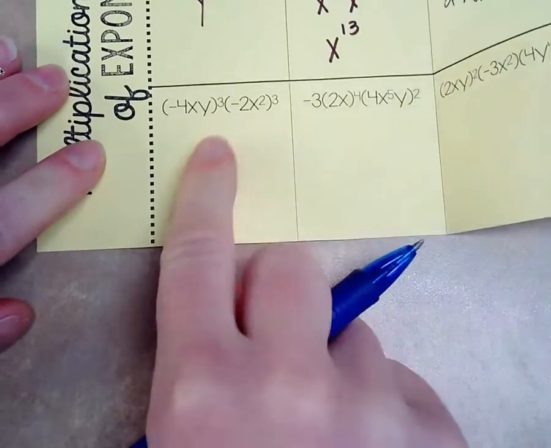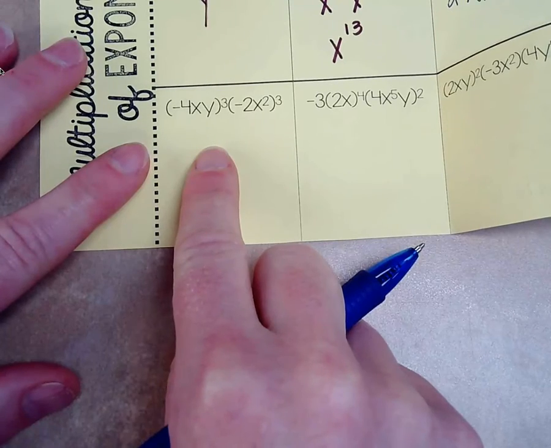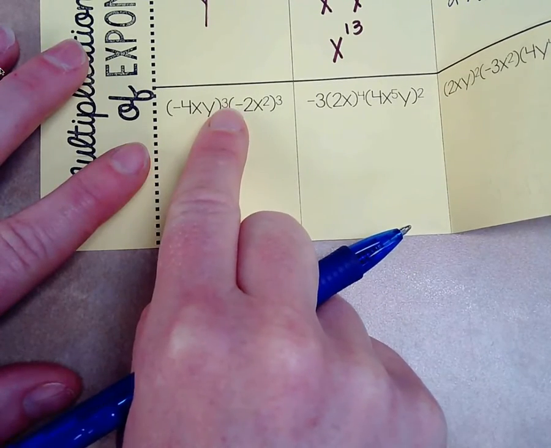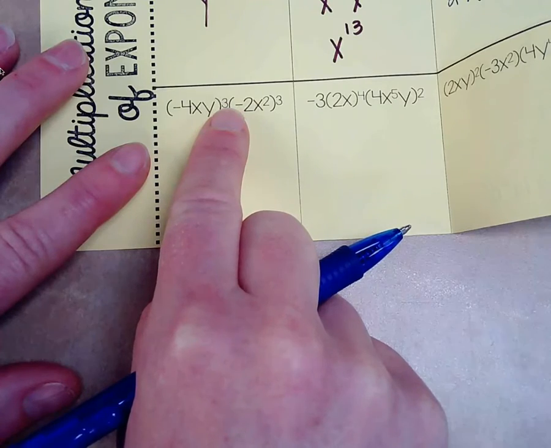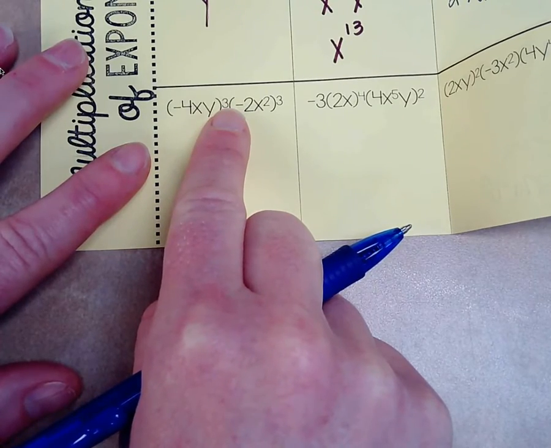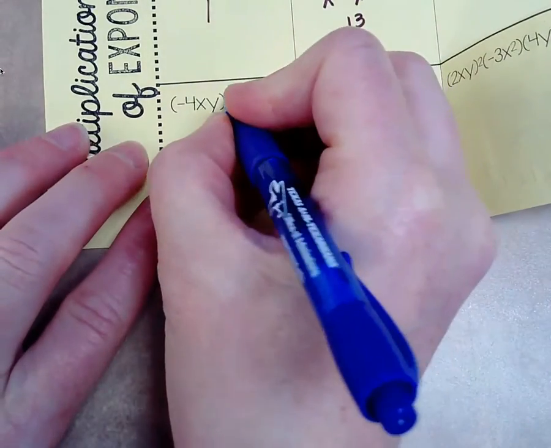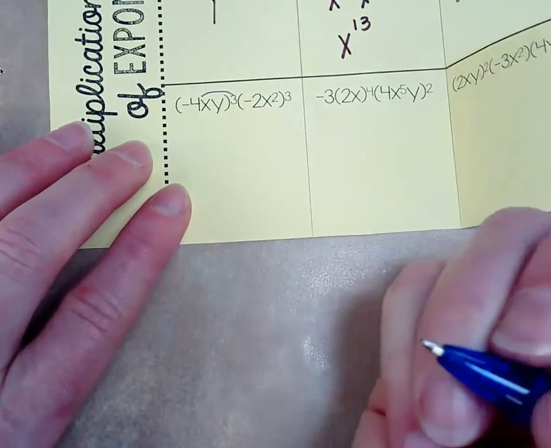All right. Let's do this next one. So we're going to send the 3 to the inside. And with exponents, and you have the base that's a negative, keep the number in parentheses. So I'm going to send this to the inside.